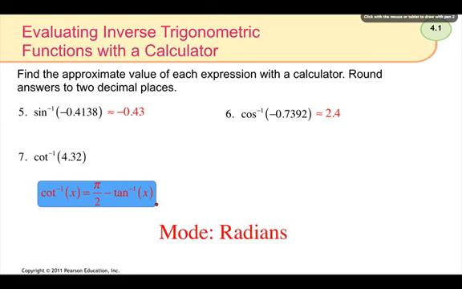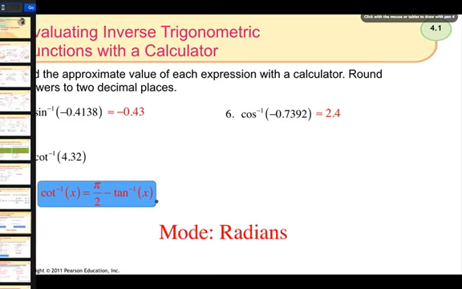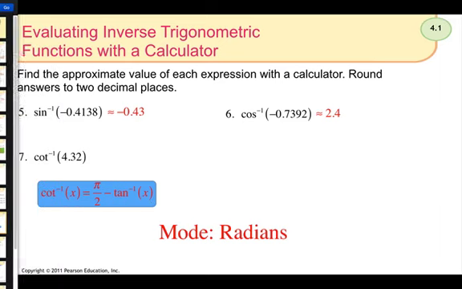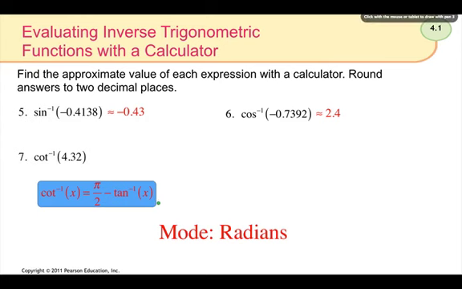So instead of writing x here, I'm going to type in 4.32, and then do pi over 2 minus tangent inverse of 4.32. And if you do this correctly, this is what you should get on your calculator after you round to 2 decimal places: 0.23.